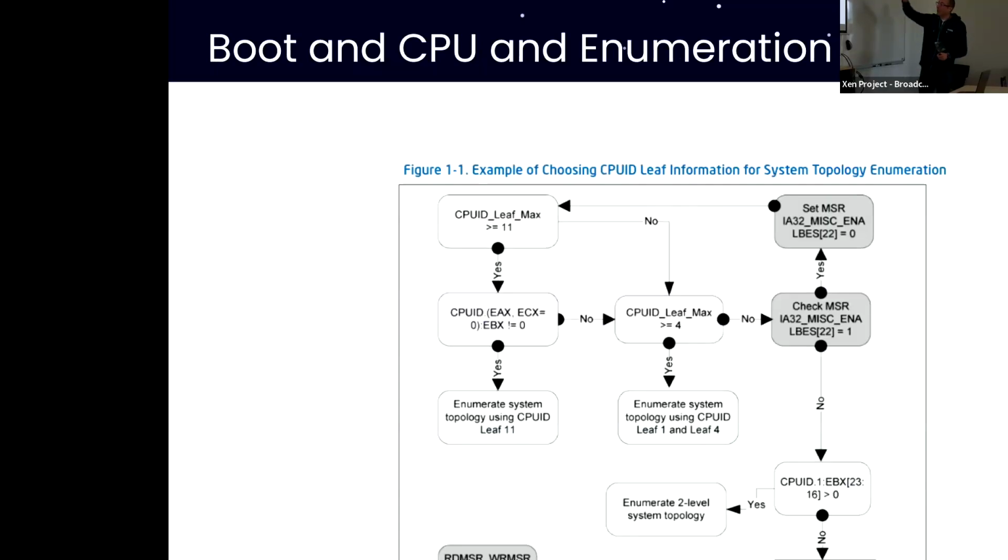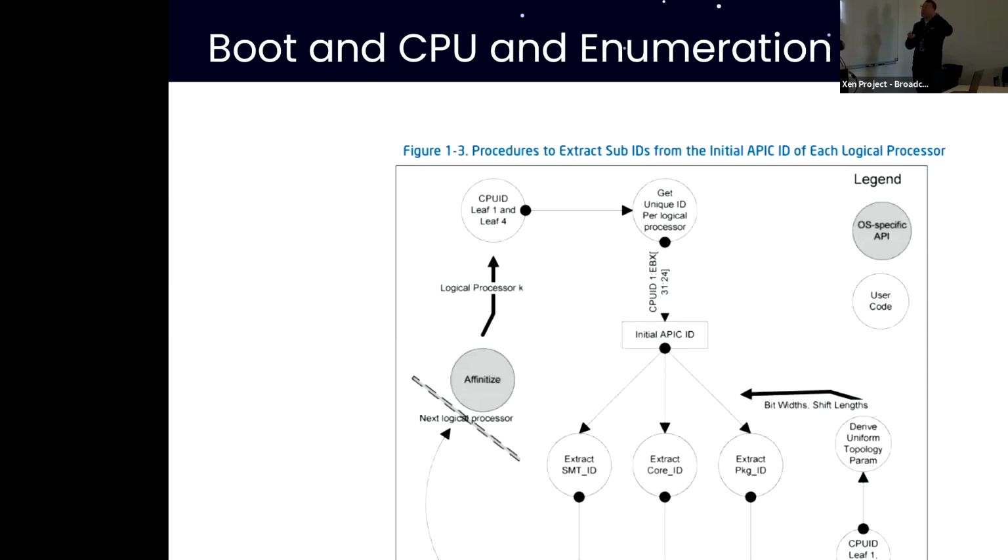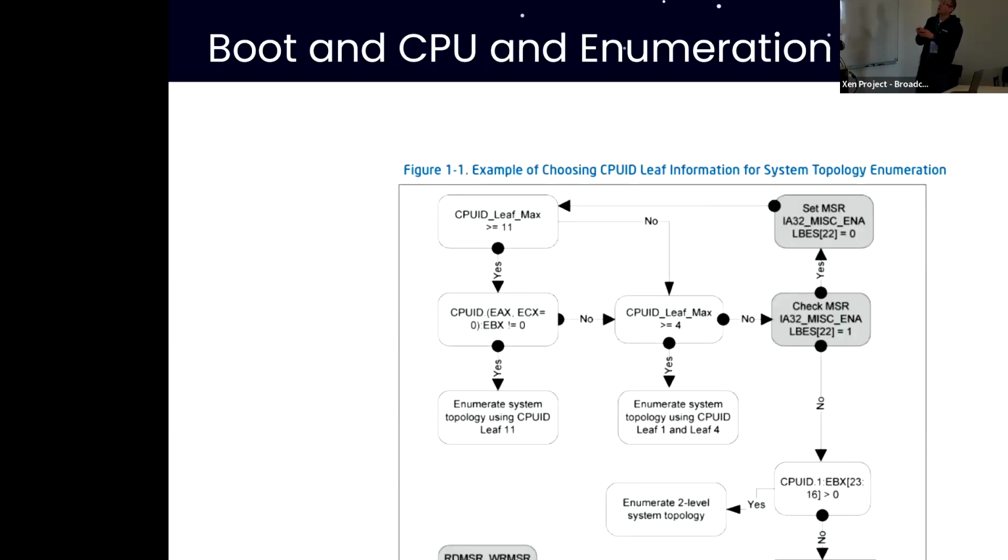This is from the reference manual. You see here, do we have leaf 11? Yes, then go this way and enumerate system topology using CPUID leaf 11. This is the more complex one.